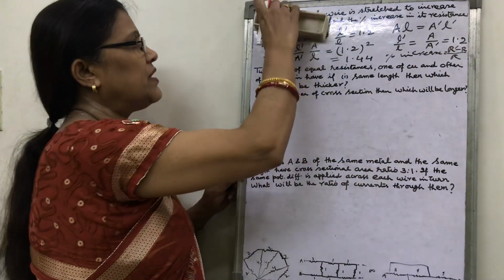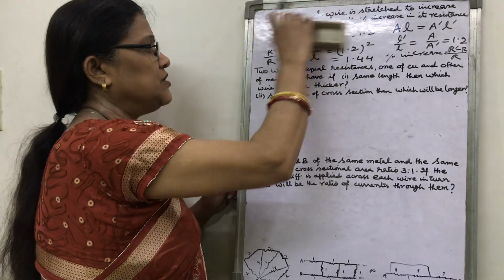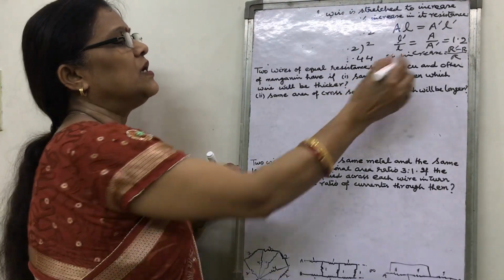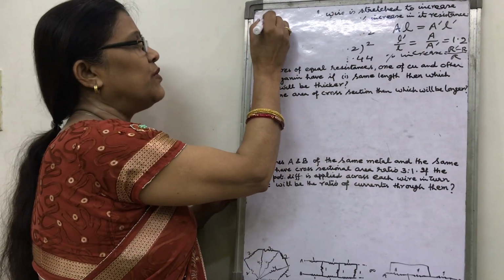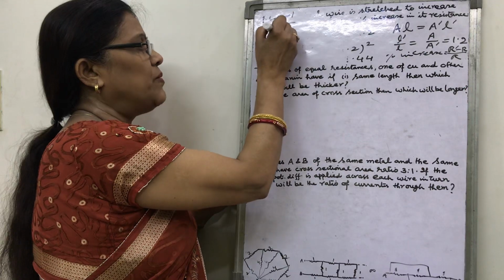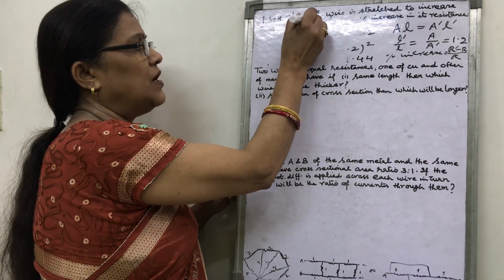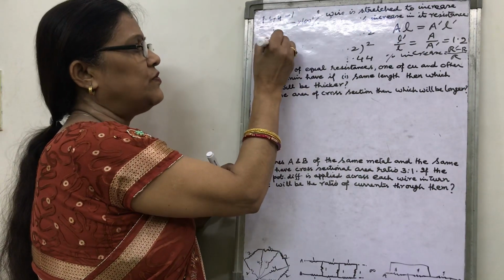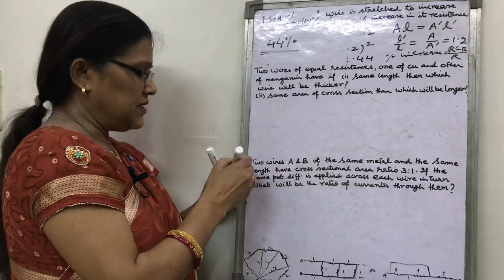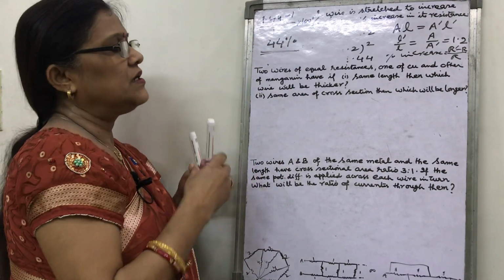So R dash minus R is 0.44 R. That is 1.44 minus 1 upon 1 into 100%, which is 44%. So this is the percentage increase in R.